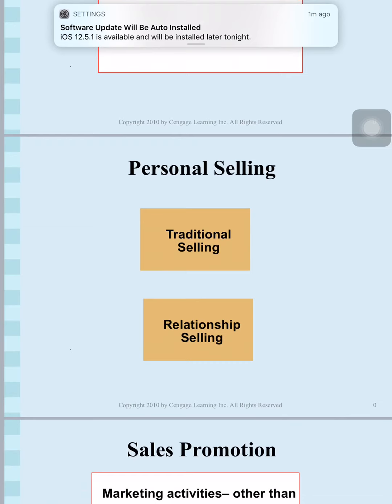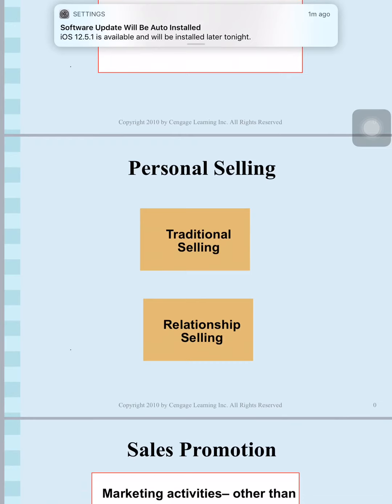Okay, so relationship selling is where you develop the relationship between you and the buyer through the personal selling promotional mix.